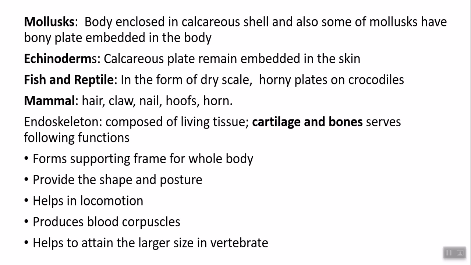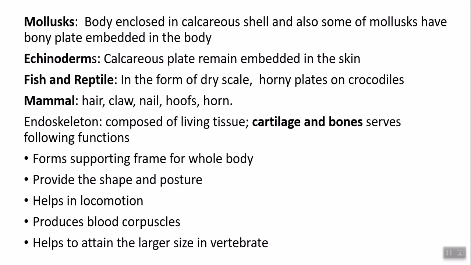The echinoderms have calcareous plates embedded within the skin. Now we are going to see all endoskeletons. So the first group of animals that shows endo and exo is the mollusk. Echinoderm shows endoskeletal system.